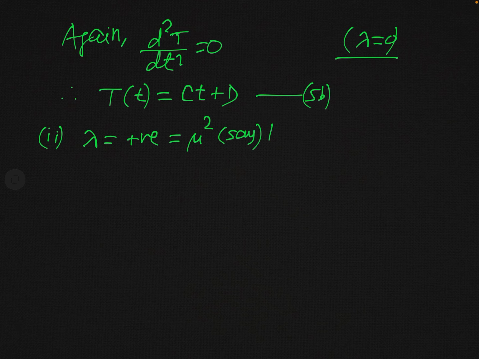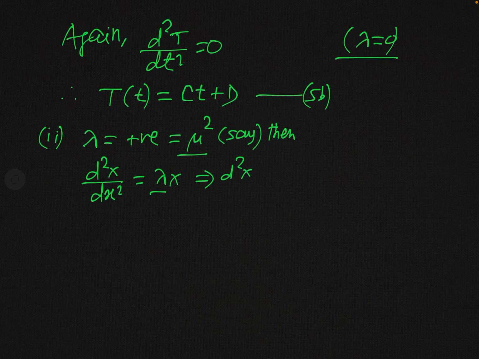When we consider that lambda is equal to positive and this is equal to mu square, then what will be our equation? You can see that our equation was in fact d2x by dx square equal to lambda times x. And here we have considered that this lambda is equal to a positive quantity which is mu square.